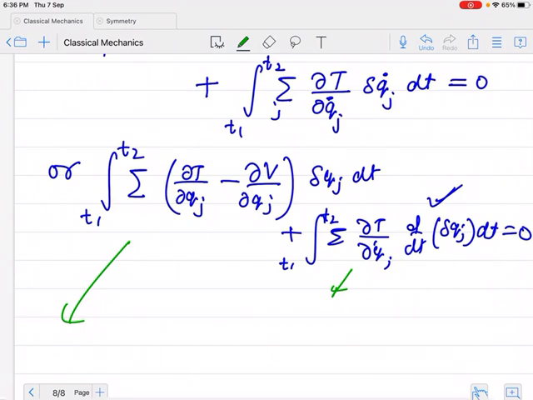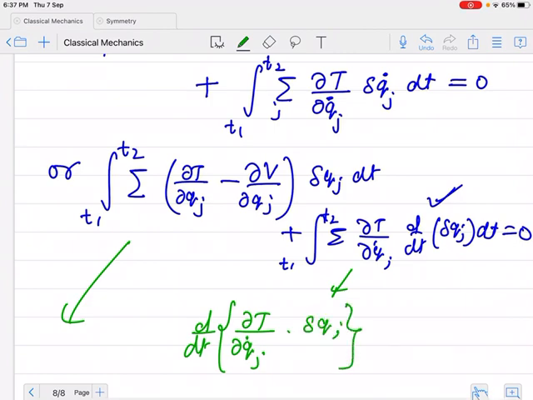Suppose we take d by dt of the first times the second.